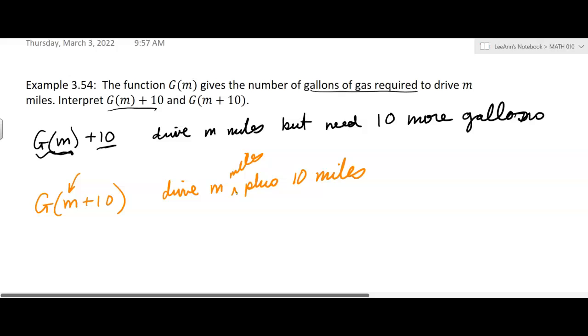And then that's how much gas I need, the gallons of gas I need. It's the total number of miles.